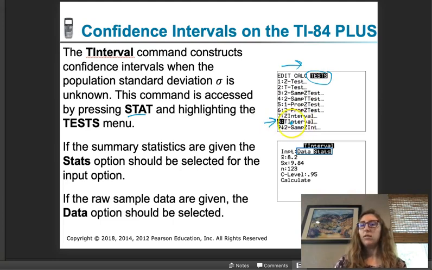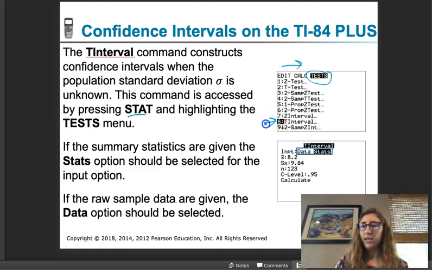Interval, because we're looking for a confidence interval. T, because we do not have our population standard deviation, so we have to use the student's t distribution. Both of these intervals you use for means. The mean ones don't say mean in them. The other ones will say proportions and whatnot.